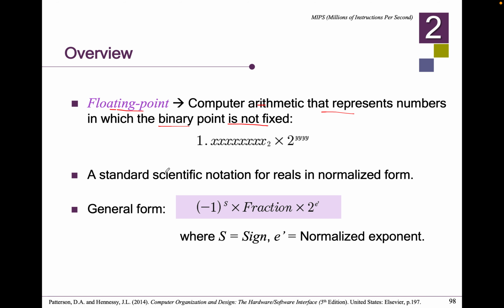A standard scientific notation for reals in normalized form can be represented in the general form of (-1)^s, where s is the sign, multiplied with the fraction, multiplied with 2 to the power of the normalized exponent. Why 2? This is base 2, or binary. This one you already know from before.